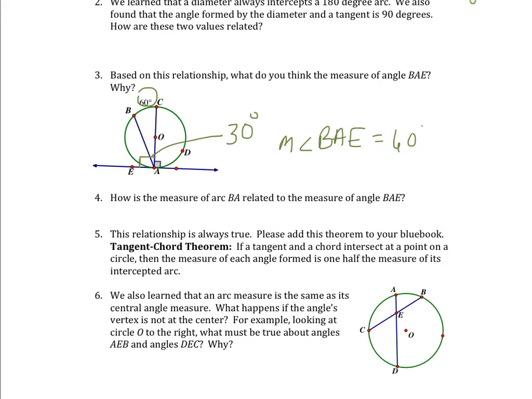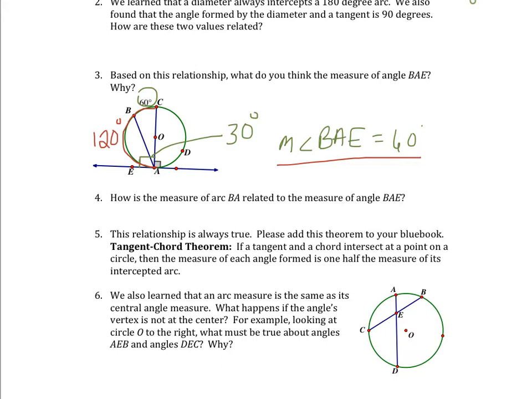All right, so the question was, how is this related to arc BA? Well, maybe you're going, I don't know what arc BA is, but we know that this right here is a semicircle, so I know it's 180 degrees, and if 60 is already taken, then I have 120 left for arc BA. Now I want you to notice that the measure of AEB is 60, the measure of its intercepted arc happens to be 120.